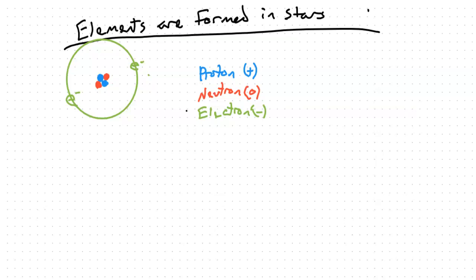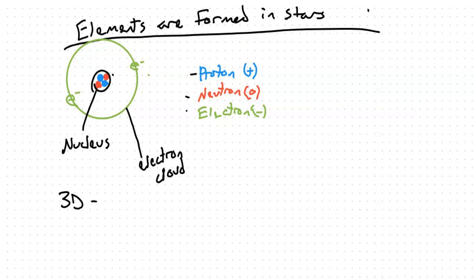All right, so here's our atom: proton, neutron, electron. The mass is determined by this part here, which is what we call the nucleus. Nucleus has our protons and our neutrons. Electrons are part of the electron cloud. Now, it's called a cloud because these are three-dimensional objects.